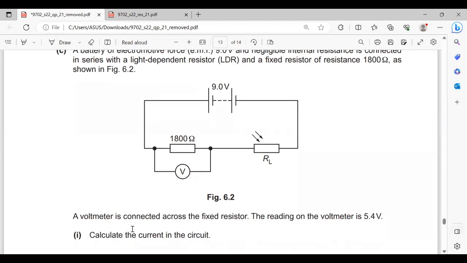So the question: a voltmeter is connected across the fixed resistor. The reading on the voltmeter is 5.4 volts. Calculate the current in the circuit.